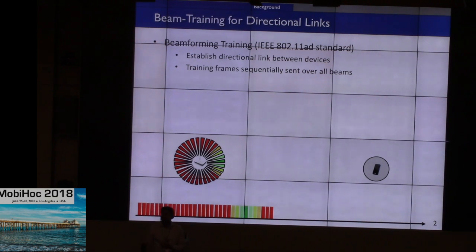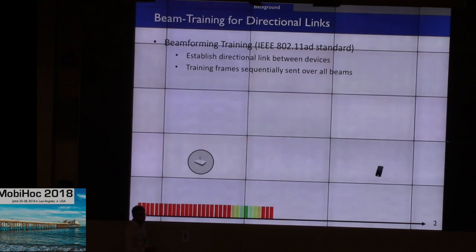So for a pair of devices to communicate, it is necessary that they first find out the optimal directions to focus their beams towards before they can begin to transmit any data. So 802.11ad, which is the IEEE standard for 60 gigahertz networks, defines a beam training protocol, and it's basically like a radar scan in which the devices sequentially transmit training frames along all their beams, in an exhaustive search manner.